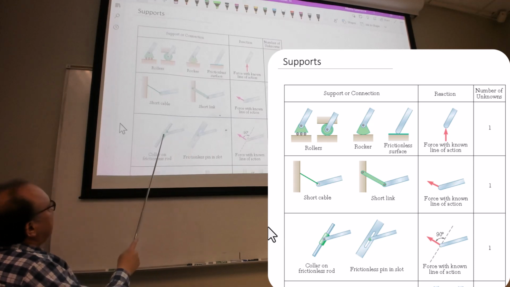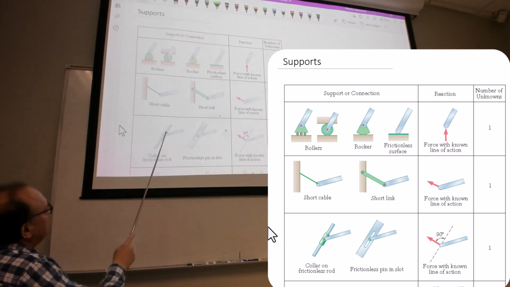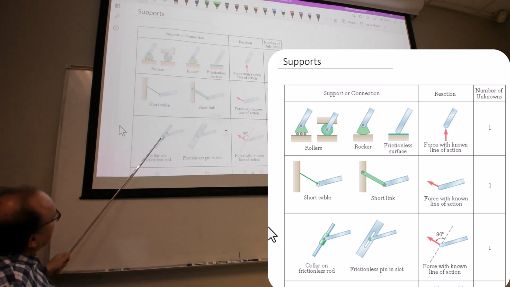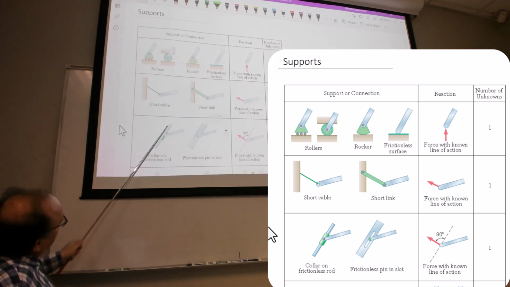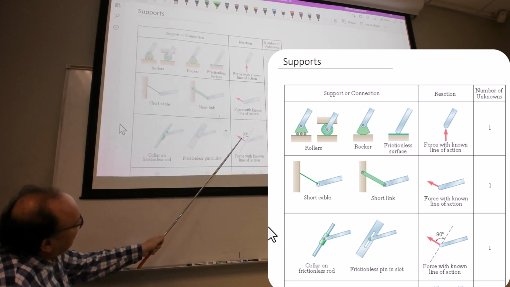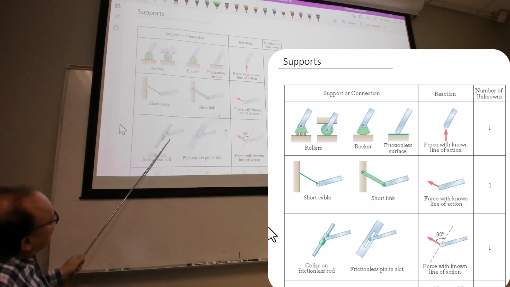You see, this is like a frictionless rod with a collar here. If you try to push this collar in the direction of the rod, you can move it, right? Because it's frictionless. But if you try to move this in this direction, there is no way you can move this because there will be a force that doesn't allow you to move in this direction.